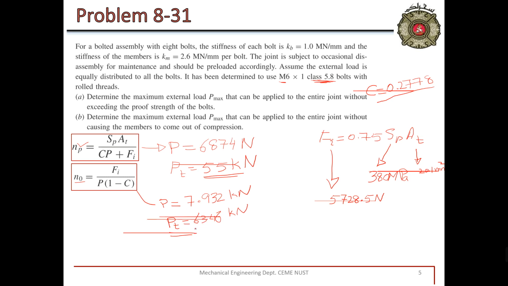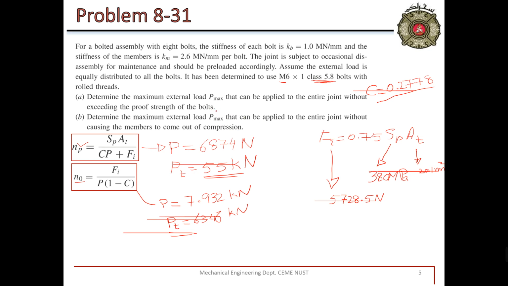At this load the joint will be separated. Fi is fixed, it cannot be changed. When the load exceeds a value of 55 kilonewton, at that point the bolt reaches its proof strength. And if we keep increasing, we also already know that the bolt will never fail during operation.